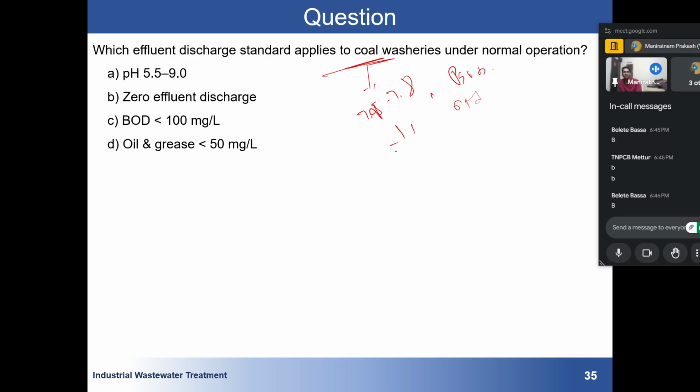And we know there is an IS code, along with CPCB, IS 2490, which says that if you are discharging your water, it should follow certain limits. Out of these four options, only one is correct. So which is correct?